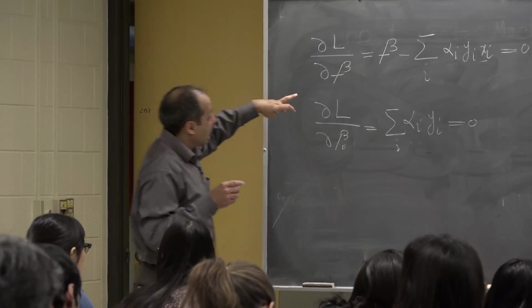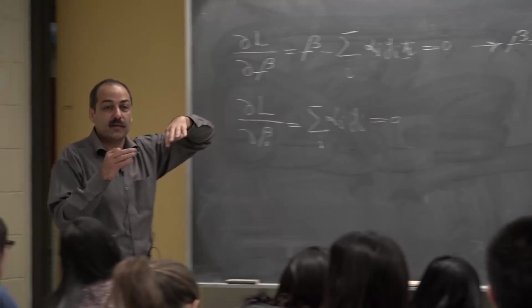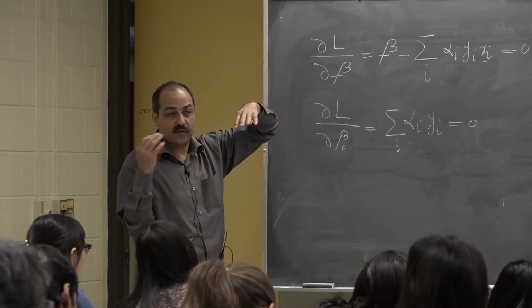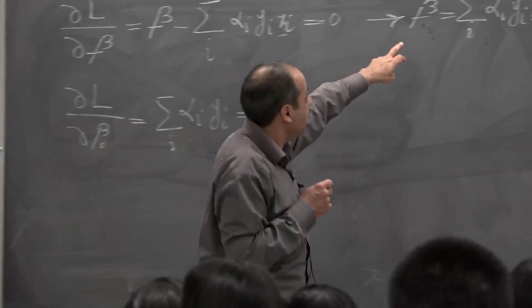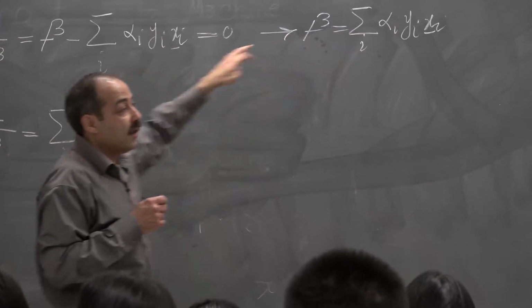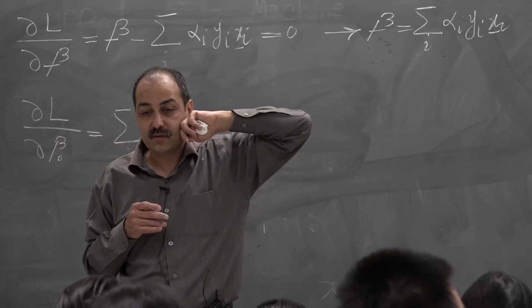Okay, so this tells me the relation between my primal variable and my dual variable. So if I want to write the dual optimization problem, I can substitute this beta in the original formula and see what's going to happen.